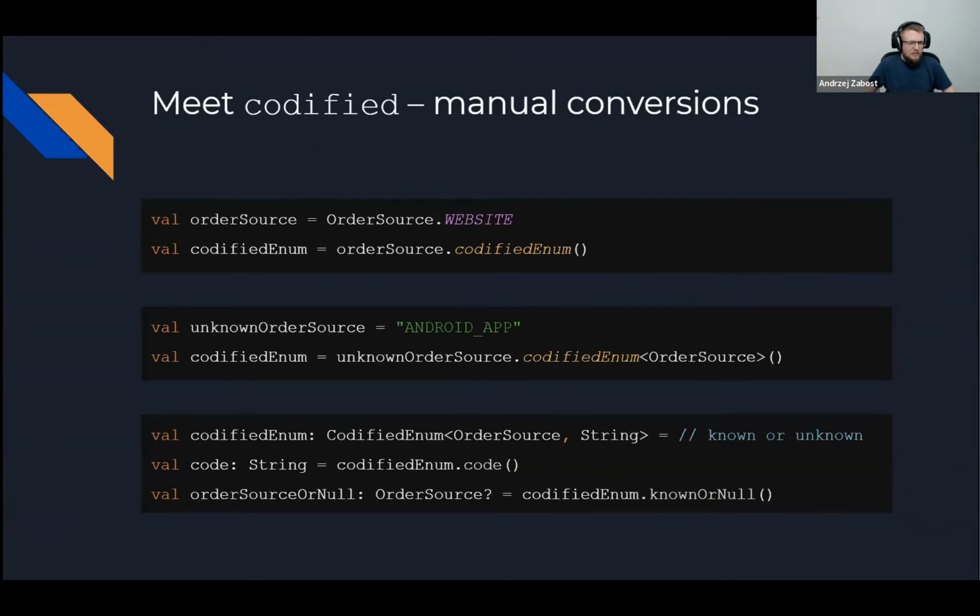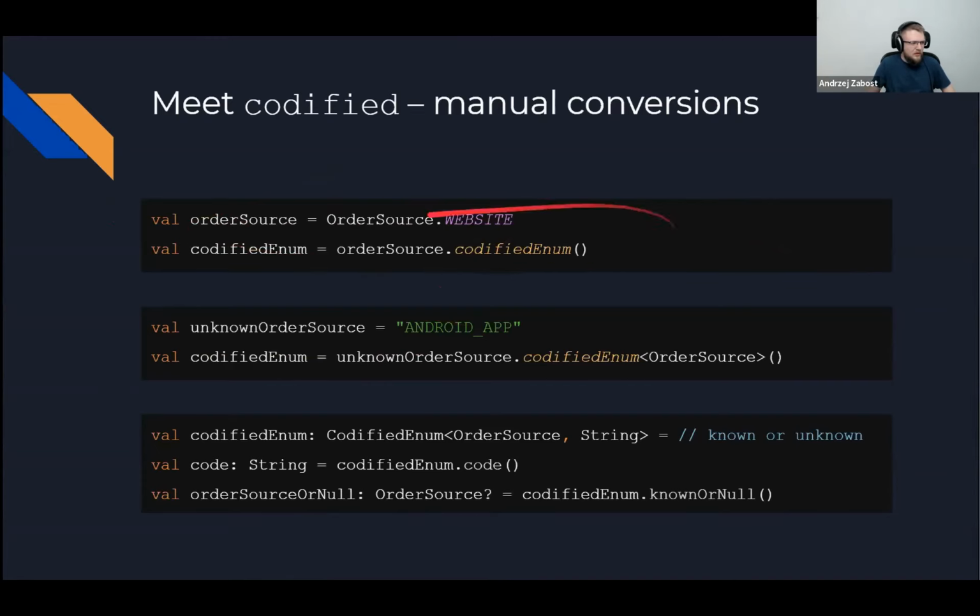Okay, next. So here you can see a few additional useful functions that can make your life even easier with Codified. So you can very easily convert both the enum value and the raw type into this CodifiedEnum instance. This can be seen here and here.